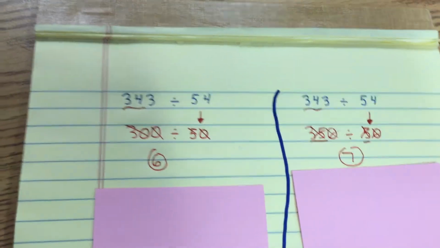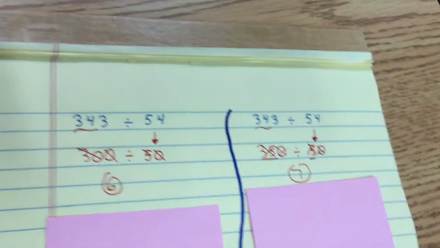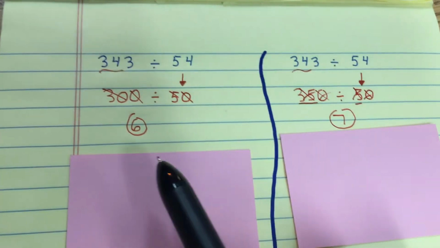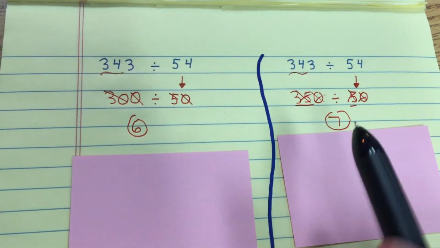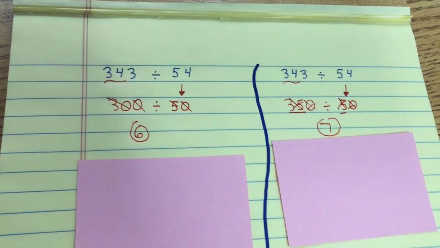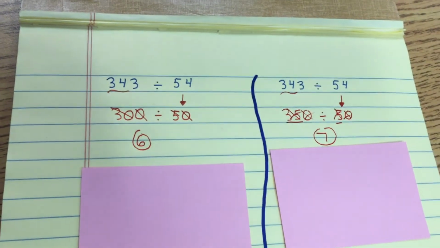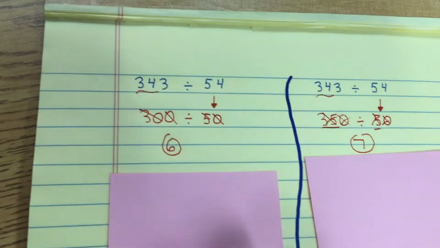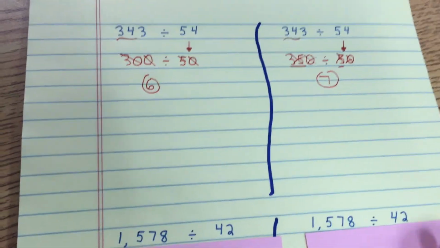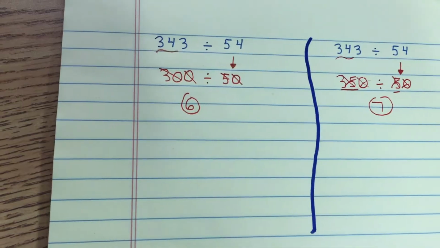Now if we zoom out, our two estimates are 6 and 7. These are very reasonable answers because they're similar, 6 and 7. All right. Take a moment, go ahead and erase your whiteboard, and let's try our second problem before we tackle our big 8.